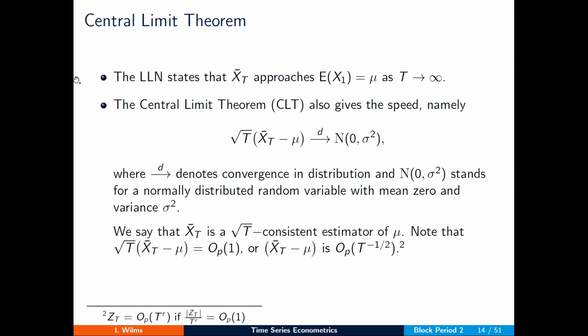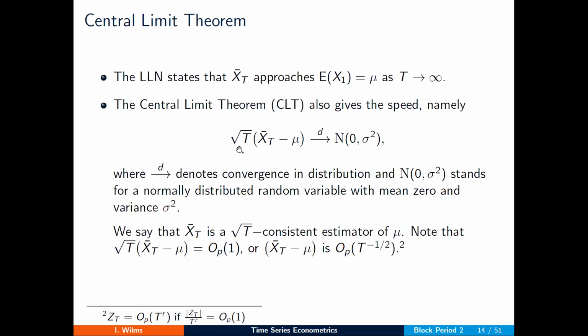What about the central limit theorem? Well, the law of large numbers states that the average approaches mu, the first moment, as T goes to infinity. The central limit theorem tells you actually much more about the behavior of x bar minus its expected value.